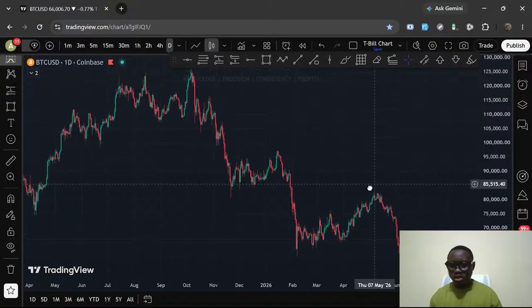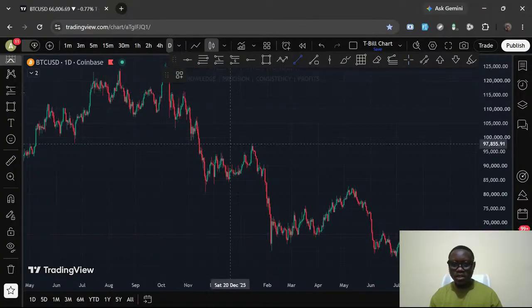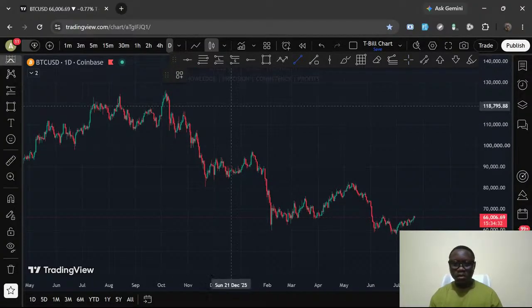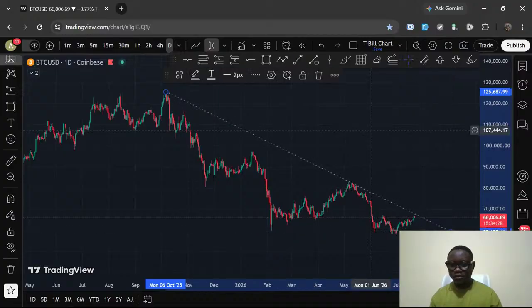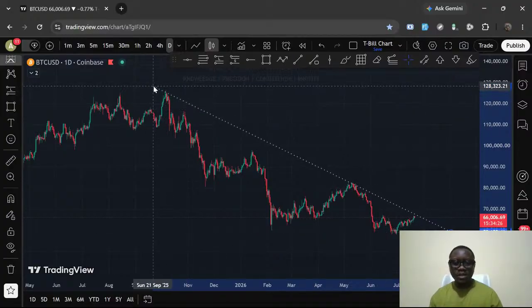As always, by simply drawing our trend line, we can establish our trend. BTC is obviously bearish.